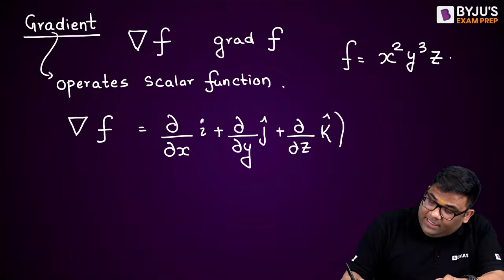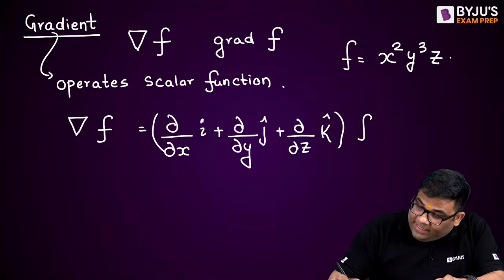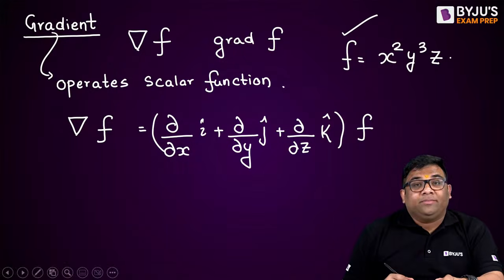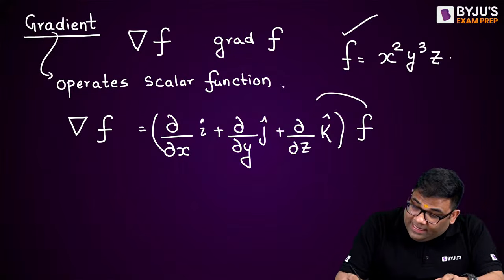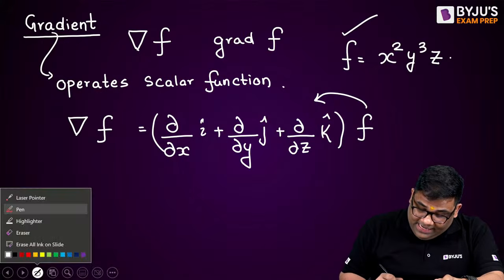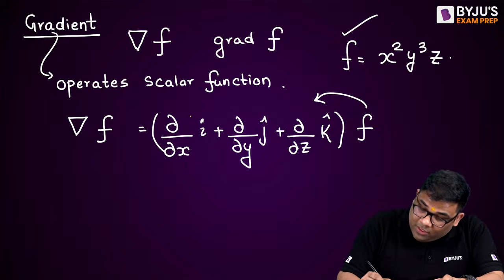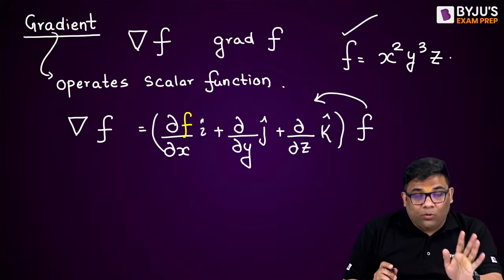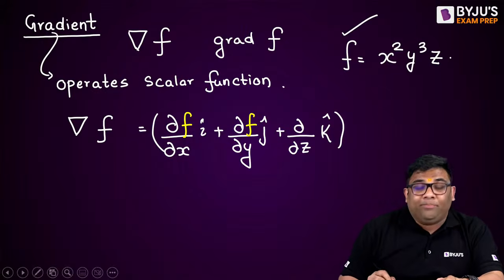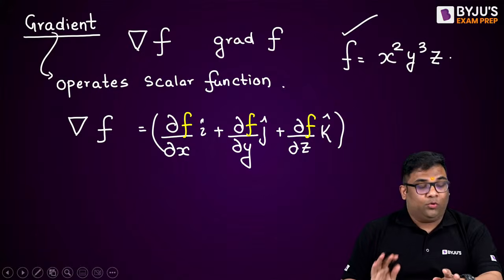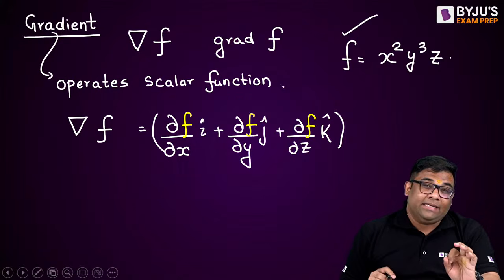It's a vector, and it is operating on f. So I can take this f inside. When I take the f inside, I get del f by del x, then del f by del y and del f by del z.